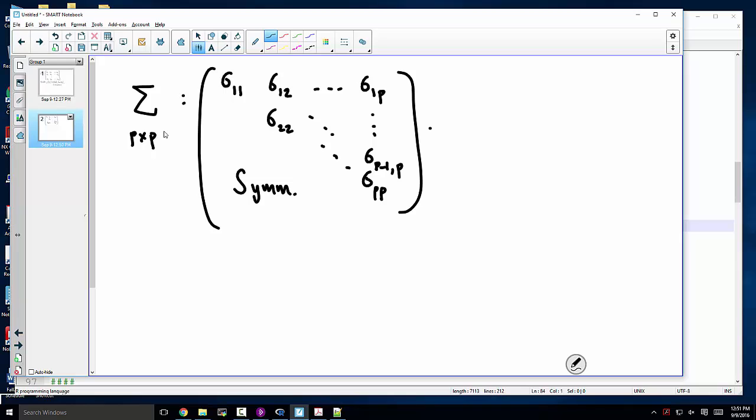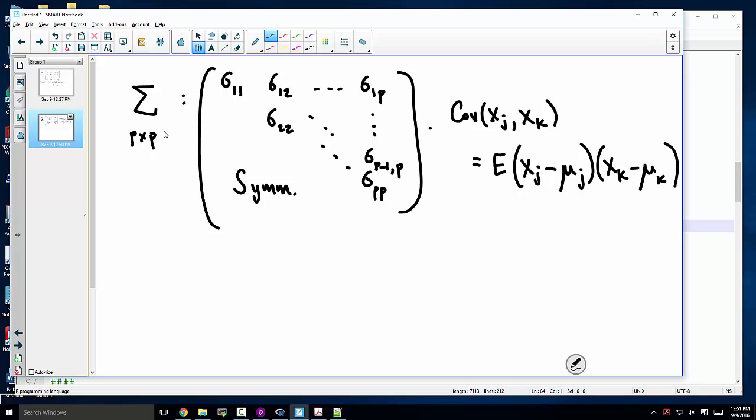Covariance, just as a reminder, covariance between xj and xk is equal to an expected value. So it's xj minus the mean for xj times xk minus its mean. Definition of covariance.